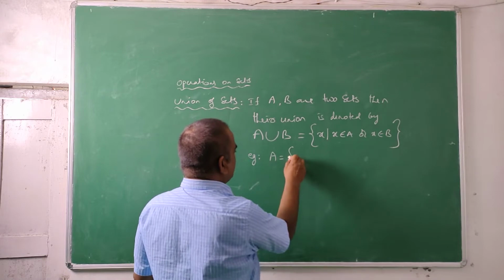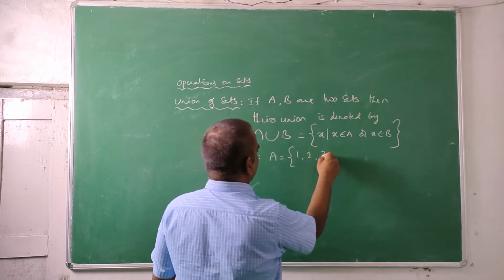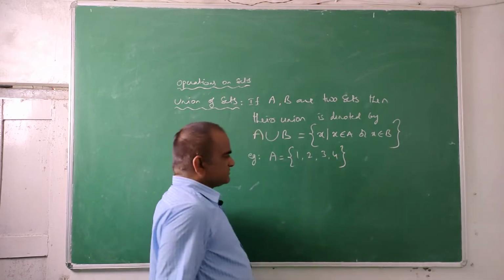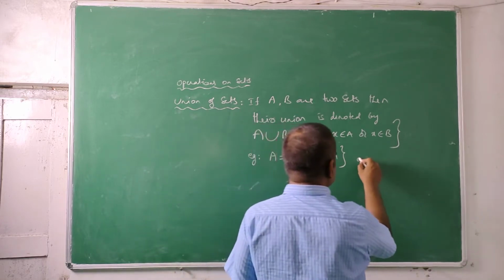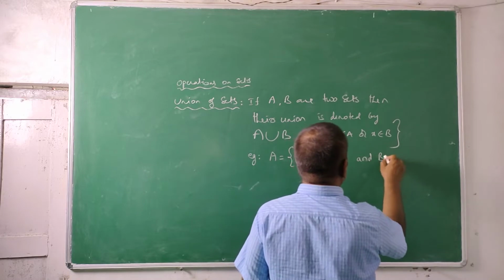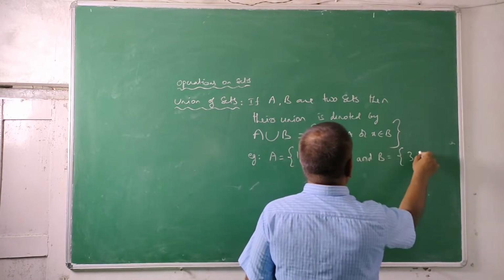So, for example, suppose A is equal to 1, 2, 3, 4 for a moment, and B is equal to 3, 4, 5, 6.